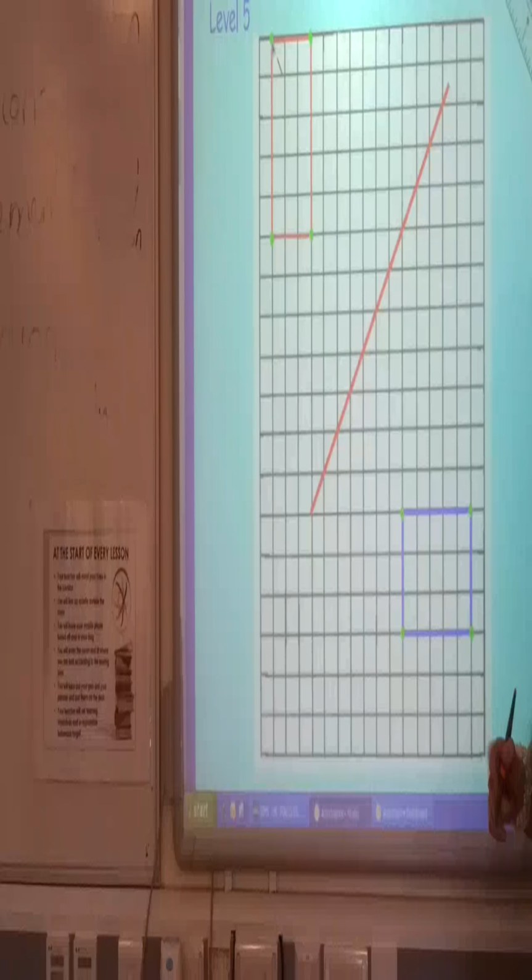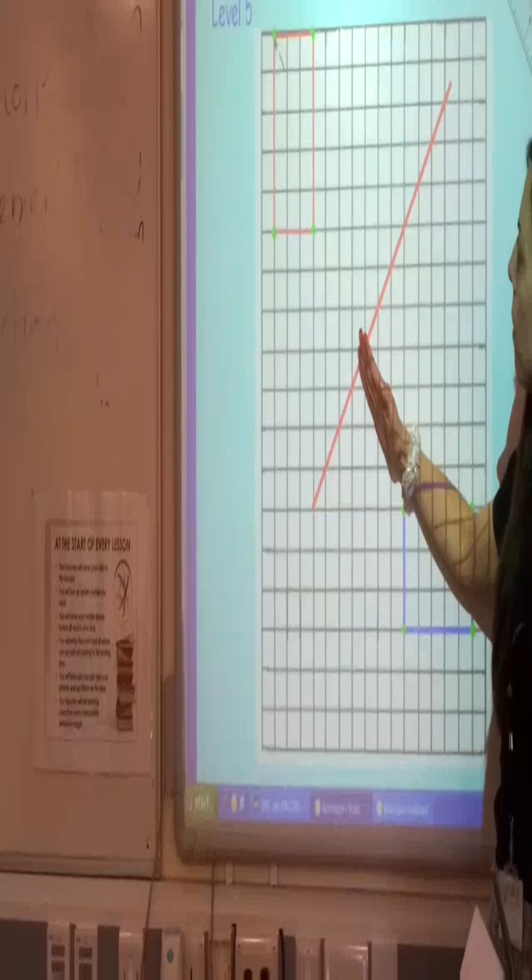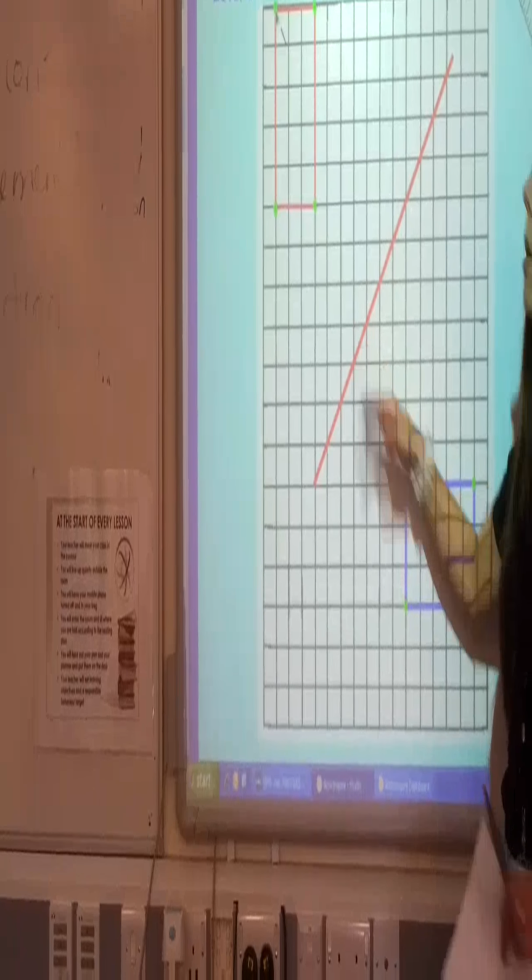So whilst looking at level 5, you need to make sure that you are counting the correct distance and that you are counting at right angles to where you started.